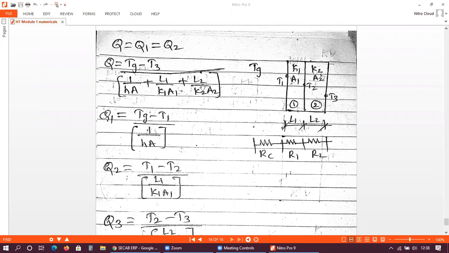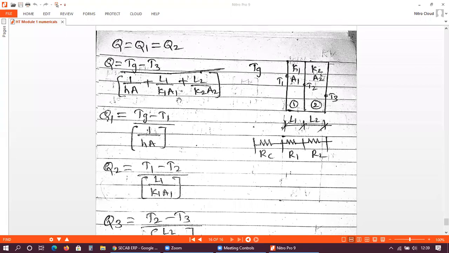Then plus L2 by K2 A2, which is the resistance offered by the second slab. So it is Tg minus T3 divided by the convective resistance plus the resistance of the first composite wall, then the resistance of the second composite wall. This is the expression for the entire system.